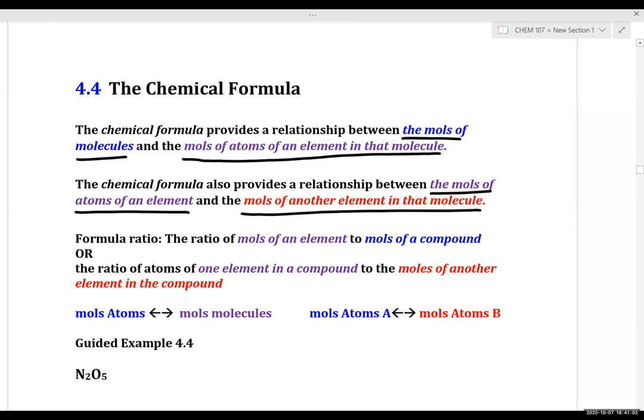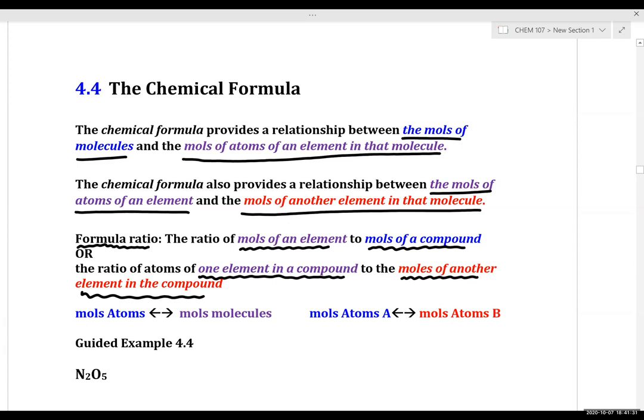Now, the conversion factor that we derive from the chemical formula is known as the formula ratio. It's the ratio of the moles of an element to the moles of a compound. Or another version of the formula ratio is the ratio of the atoms of one element in a compound to the moles of another element in that compound.